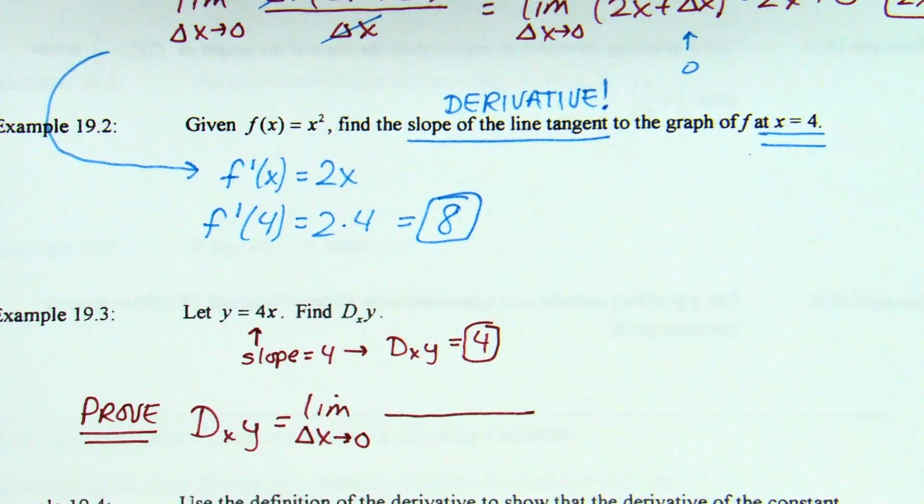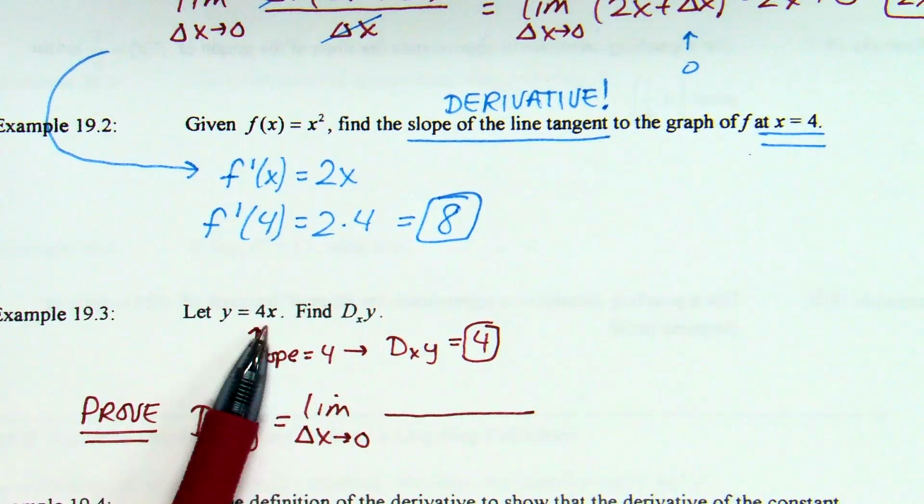So that says I take my function, and wherever I see an x, I'm replacing it with x plus delta x. So what do I write? Okay, so my function was 4x plus 4 delta x.